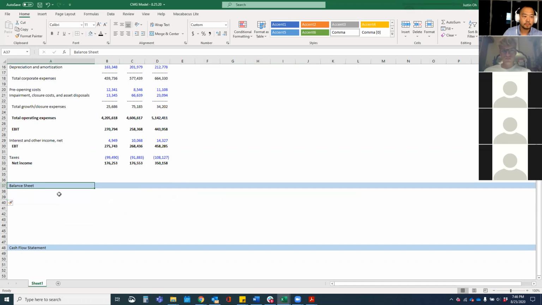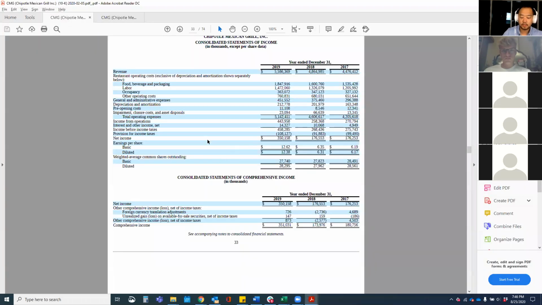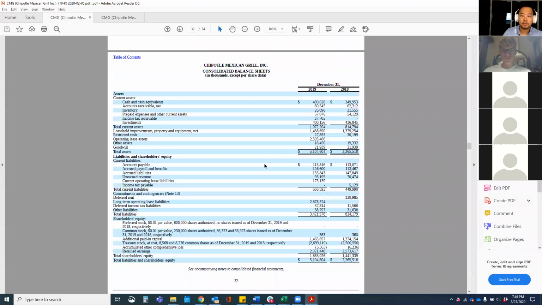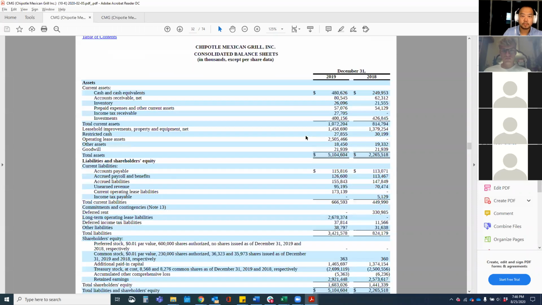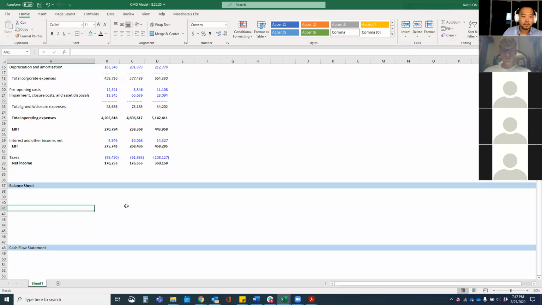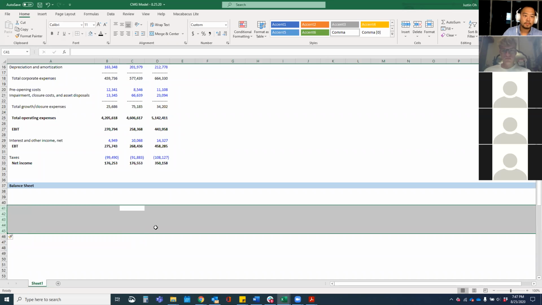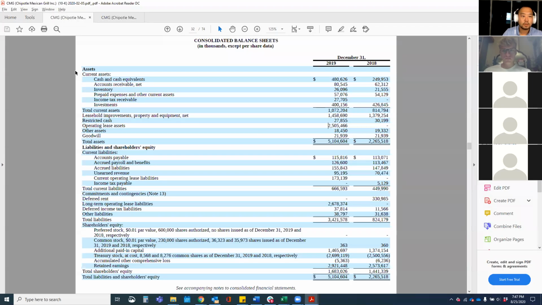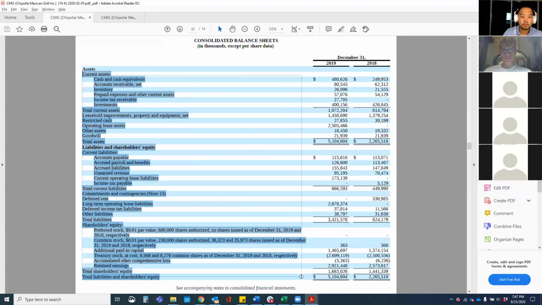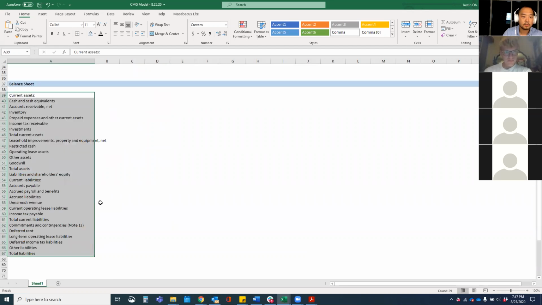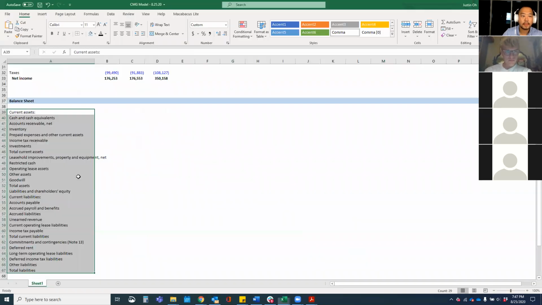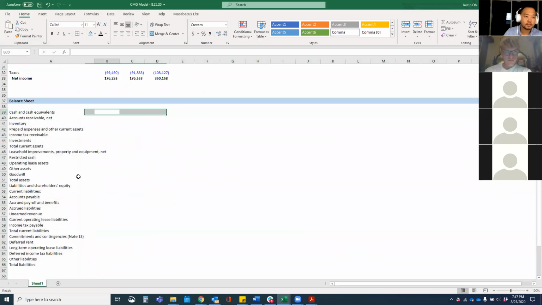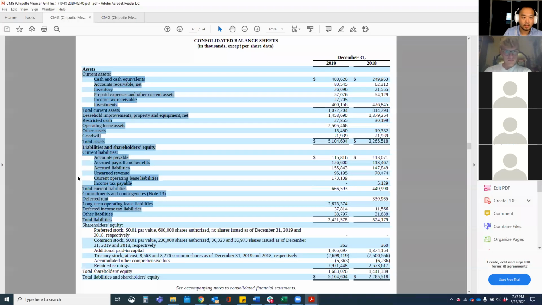Right? So balance sheet. We're doing annuals first, obviously. Just reminding you all. So copy and paste this. I'm going to copy all the way down to total liabilities. I don't like titles. I don't like making my models any longer than they have to be.